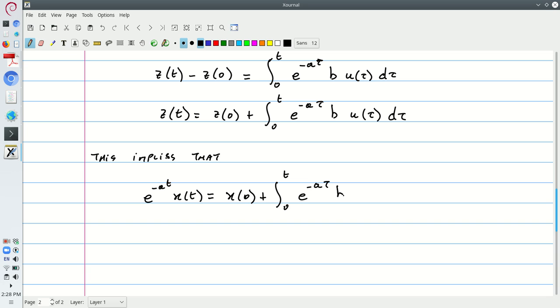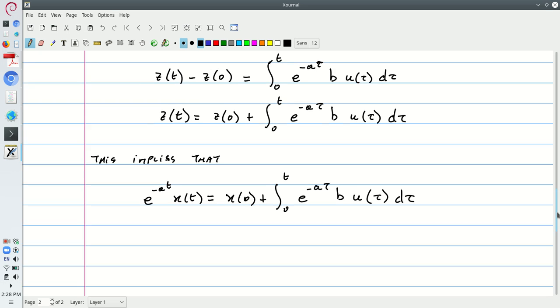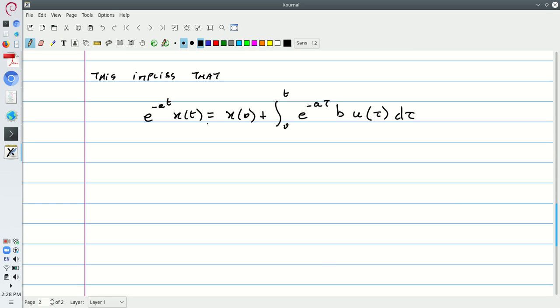And we are left only with the final step to find the solution of this equation, because now we multiply the left-hand side and the right-hand side by exponential of at, and we get that x of t is given by the exponential of at x0 plus the integral from 0 to t of the exponential of a t minus tau b u of tau d tau.